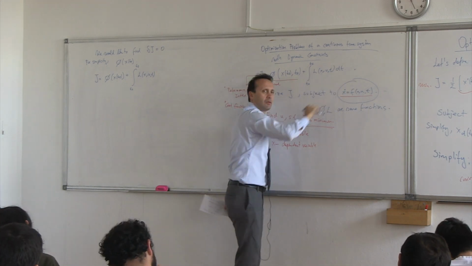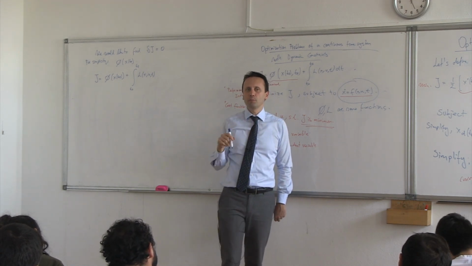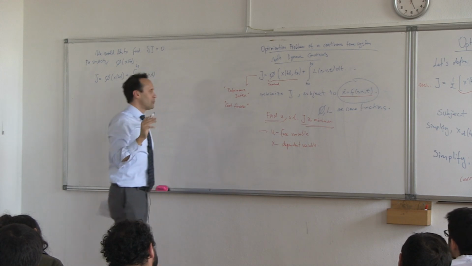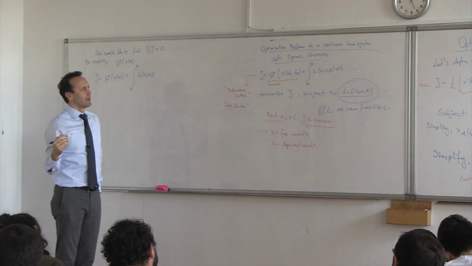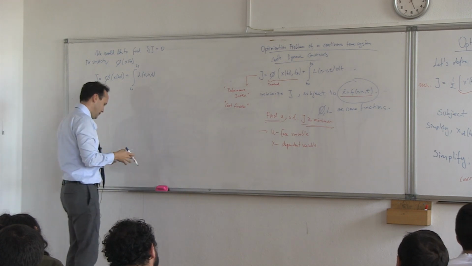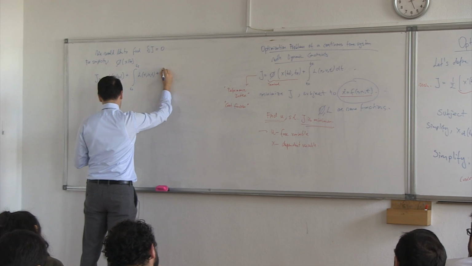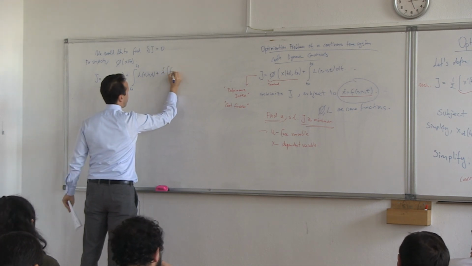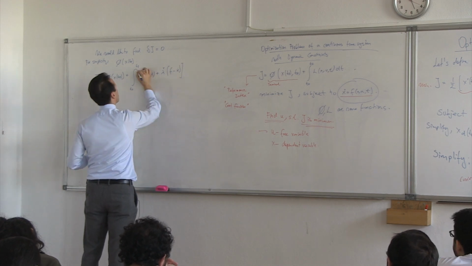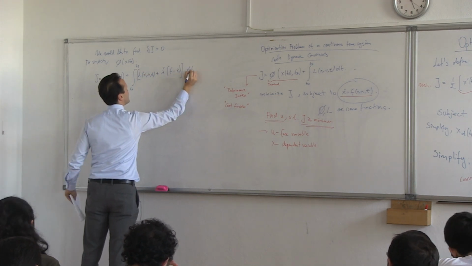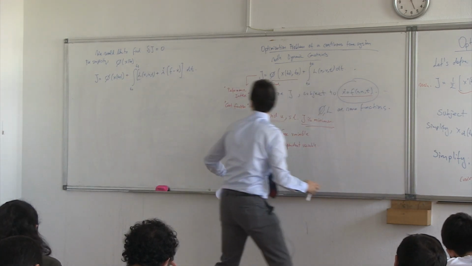The way we connect them in these optimization problems is something very smart. Now pay attention, this is interesting: plus some lambda(t) times (f minus x dot) dt. Okay? Now this is quite interesting.